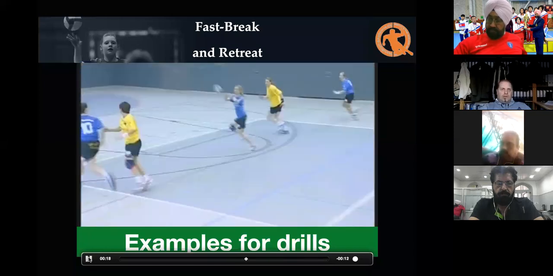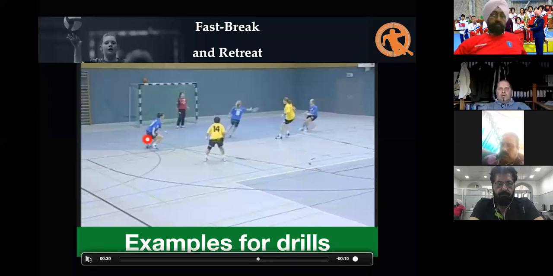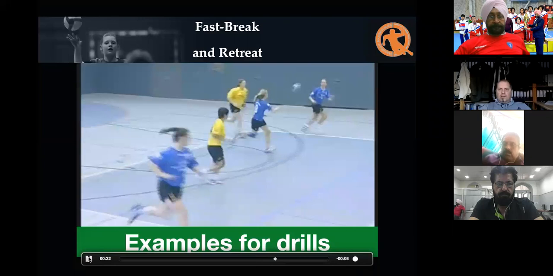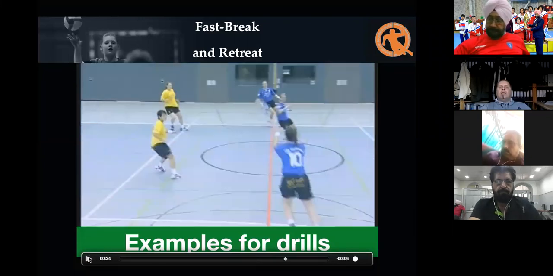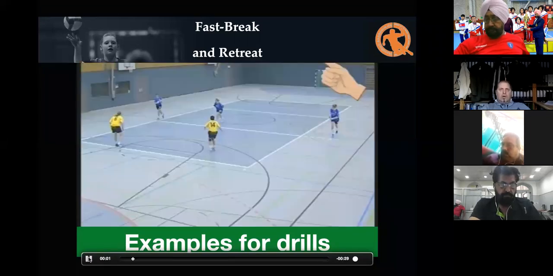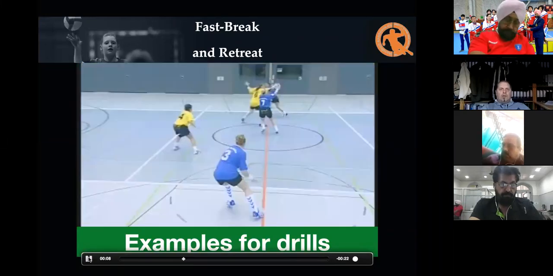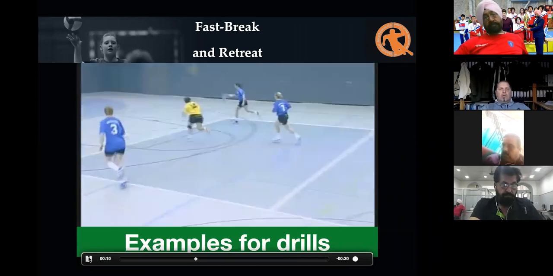But in the first step, they all have to move inside the goal area, then turn around and again transport the ball over the center line. And then another time, change of direction, and now go to the goal and finally shoot. So that's why we call it 3 times 3 against 2: once, twice, and now the third time, go to the goal and shoot.